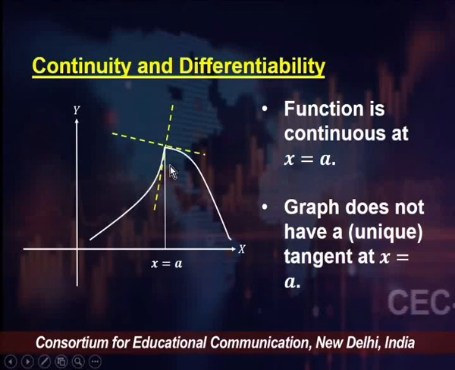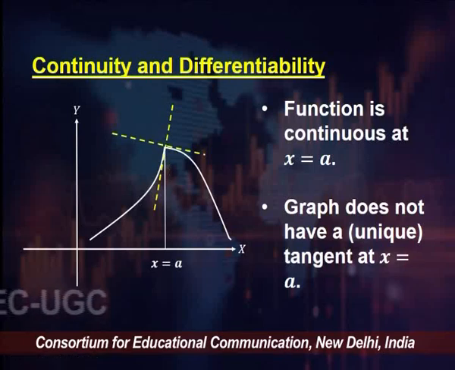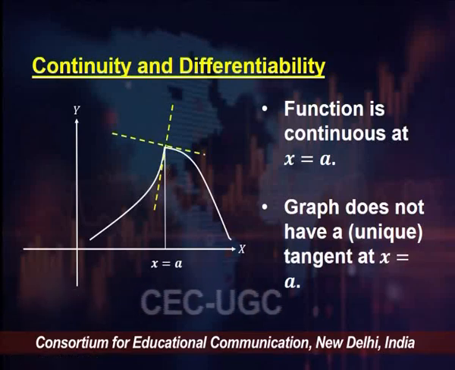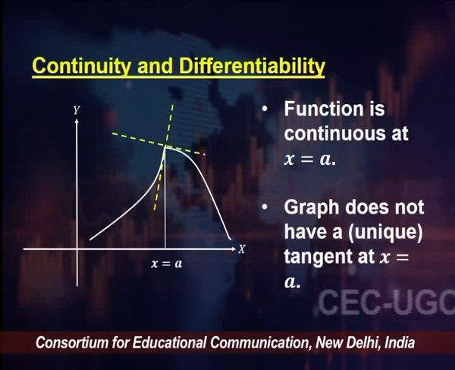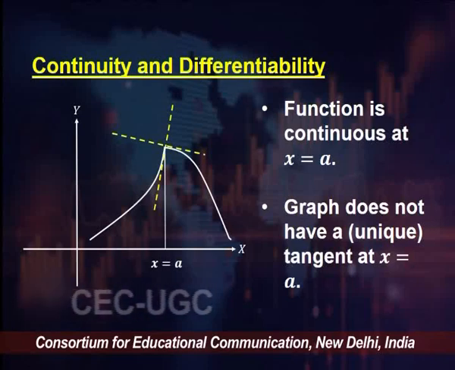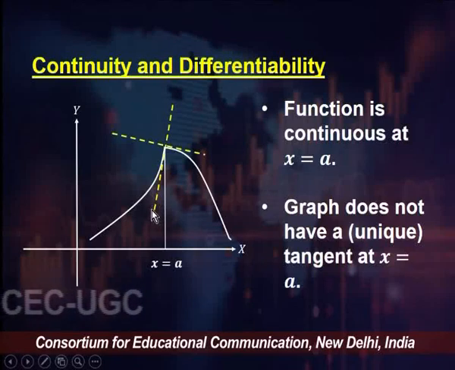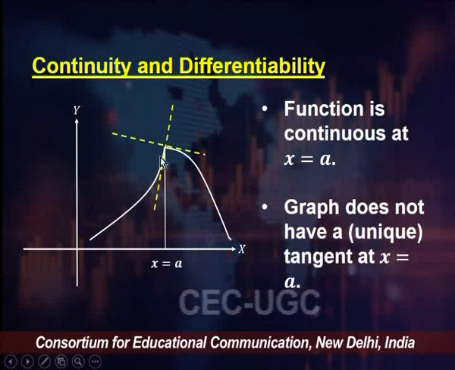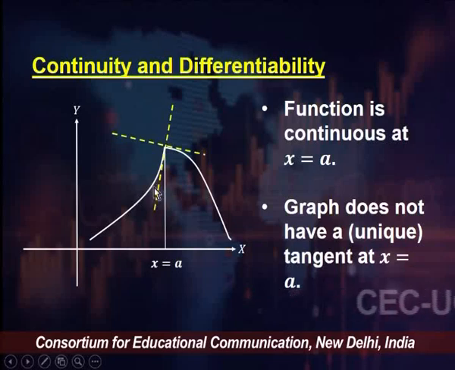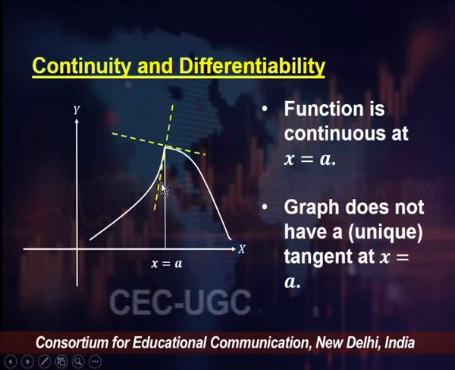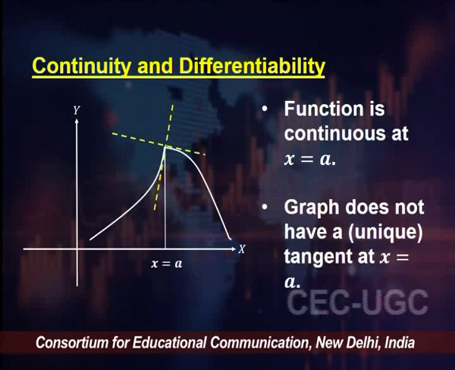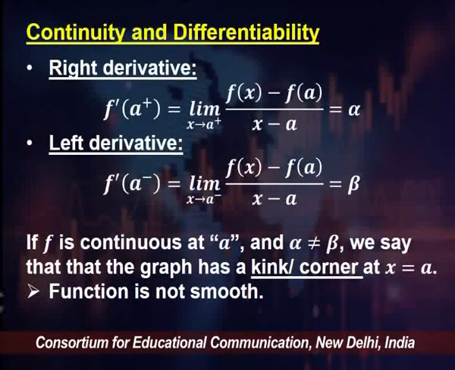If we think of the tangent line as the limit to which the secant tends, then here the secant does not take a limiting position, because if I approach this point x equal to a from the right, then I get this kind of a tangent here, and if I approach x equal to a from the left, then this tangent is given by this dashed line here, if you can see the movement of the mouse here.